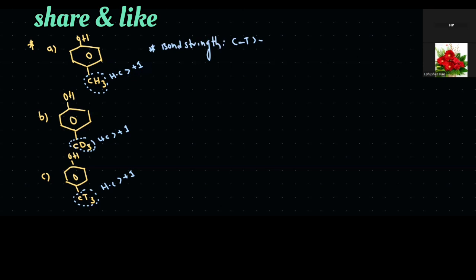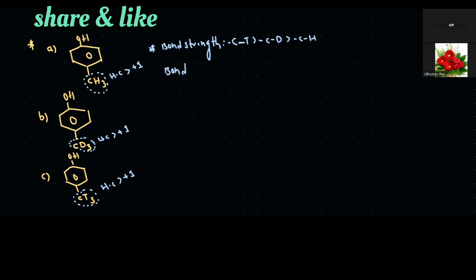C-D is higher than C-H. So this is the bond strength order of the given carbon tritium, carbon deuterium, carbon hydrogen bonds. If the strength is very high between the carbon and hydrogen, what about the bond dissociation energy?